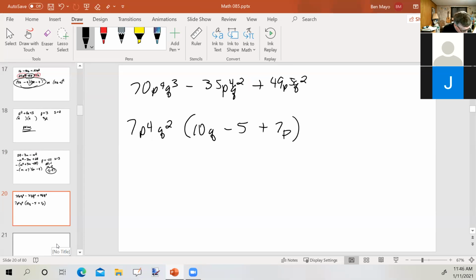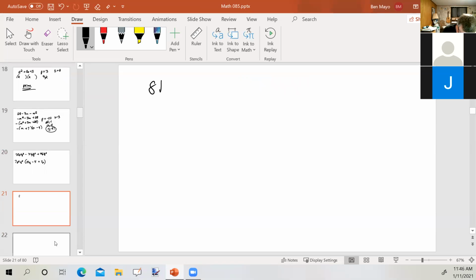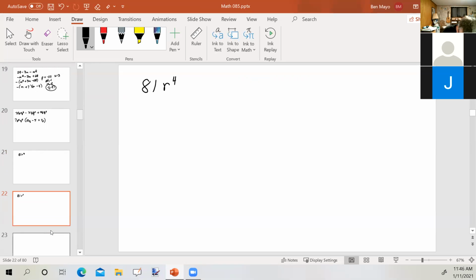How about this one? 81 r to the fourth power minus 256. Well, let's see. Is there a greatest common factor?